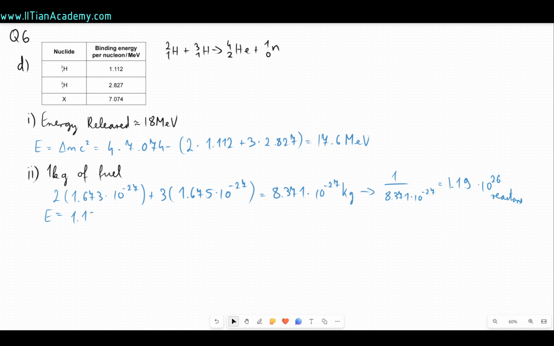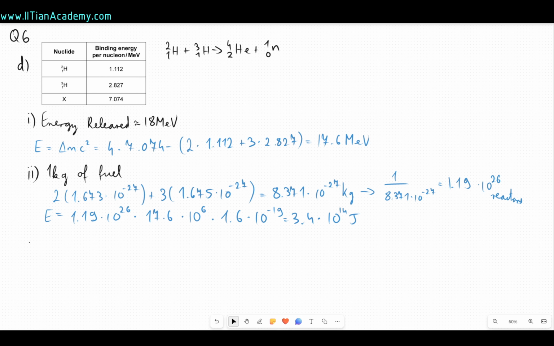So 1.19 times 10 to the 26 times 17.6, and we convert into electron volts, so it's 10 to the 6, and then we convert into joules, so 1.6 times 10 to the minus 19 will give us 3.4 times 10 to the 14 joules.